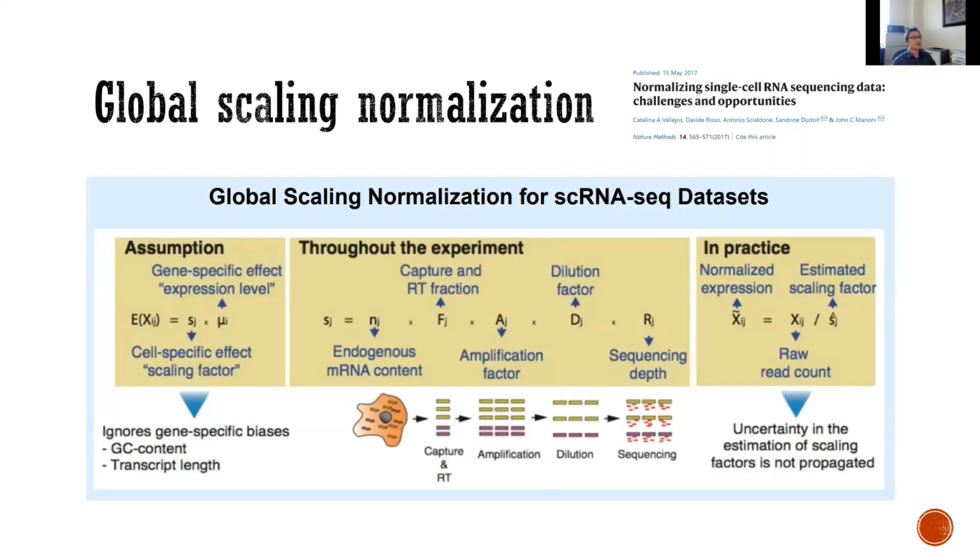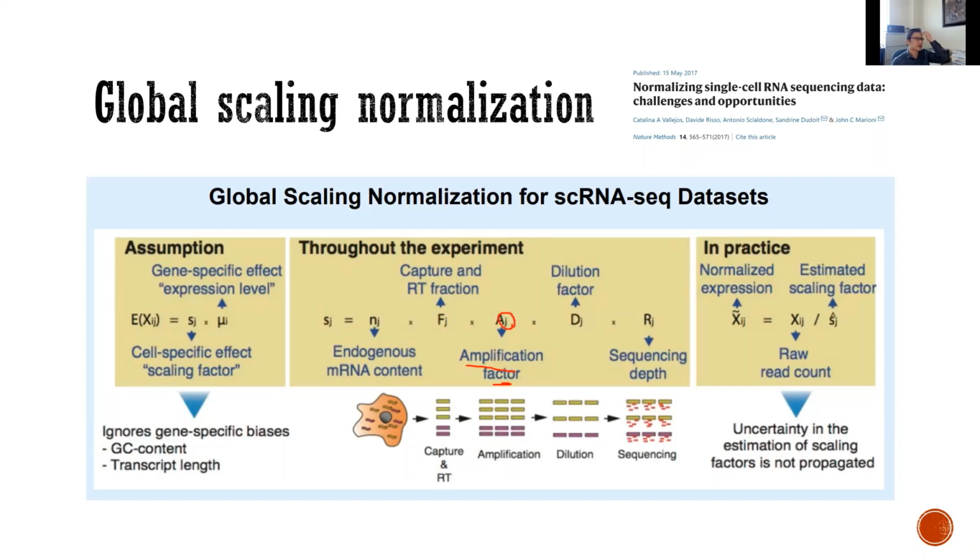Okay, so in real global scaling normalization, statisticians also want to consider a lot of other factors which can give you variation and introduce differences in the gene expression level observed in the UMI matrix. You want to consider amplifying factors, which are defined for each individual cell to estimate.